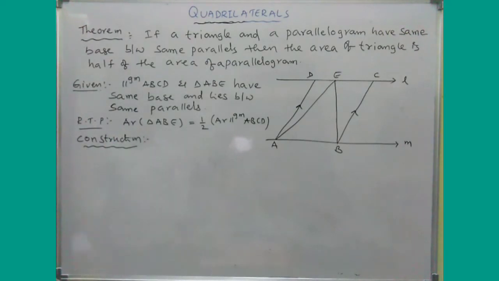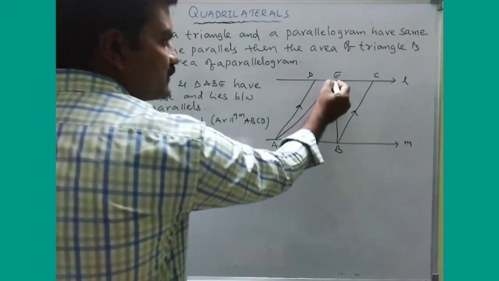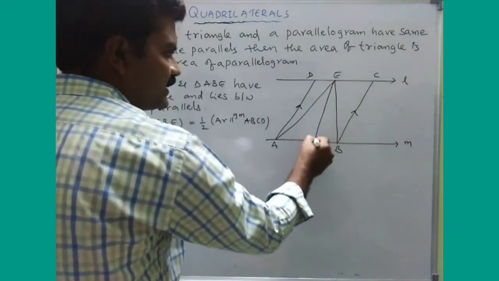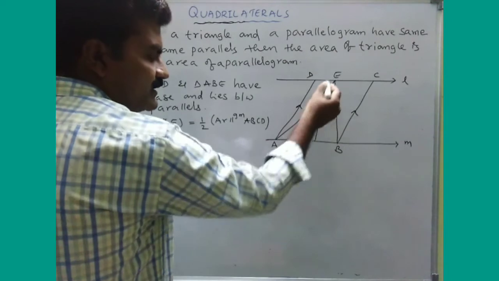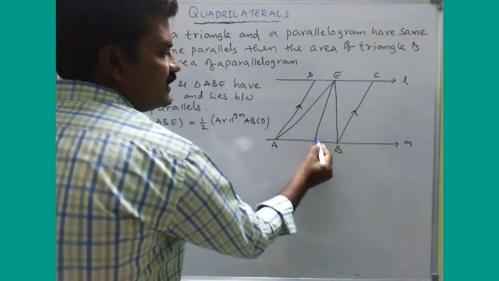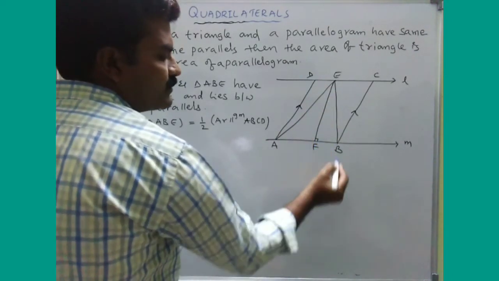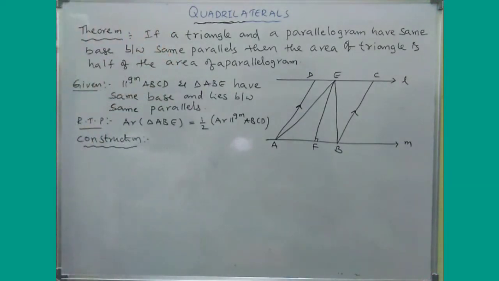Construction. So what shall we do here? Draw the perpendicular from E to the base AB. Suppose this is F. So EF is the perpendicular drawn from E to base AB.